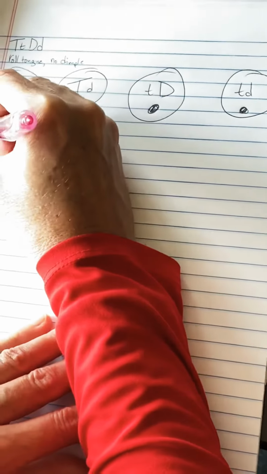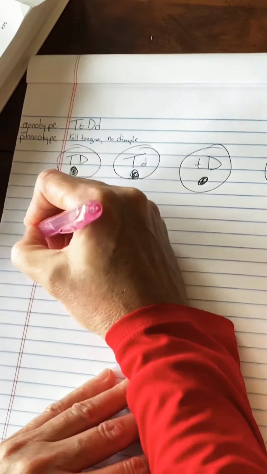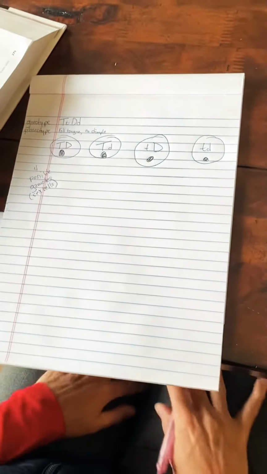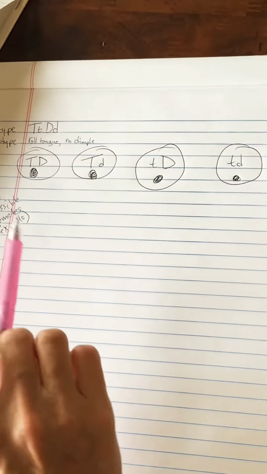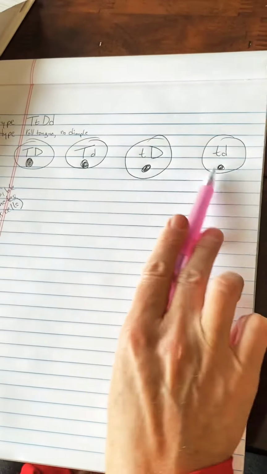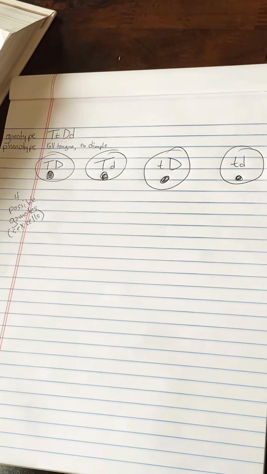So these represent the 4 possible gametes, which is another name for the sex cells. You probably have a flashcard made of that one already. You notice that each cell has 1 T and 1 D, but they're either dominant or recessive depending on the different combinations.